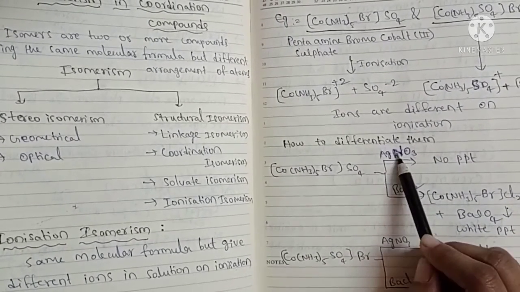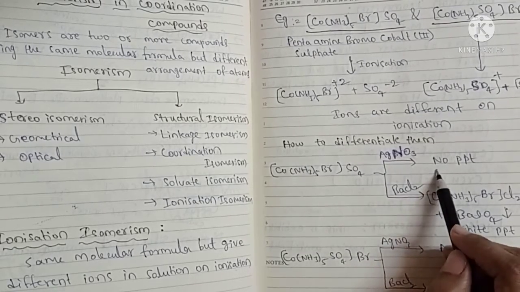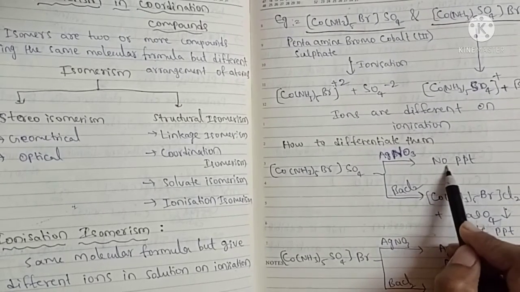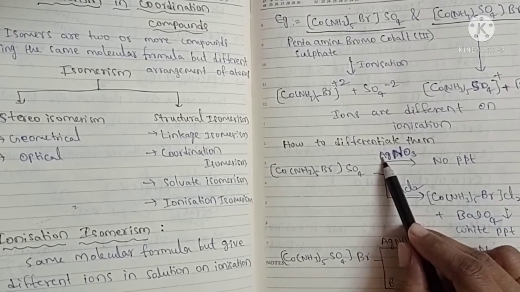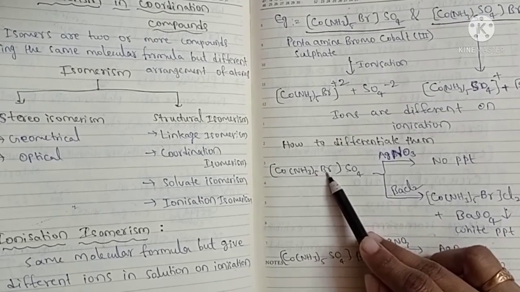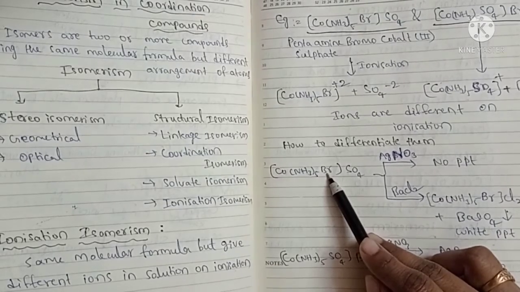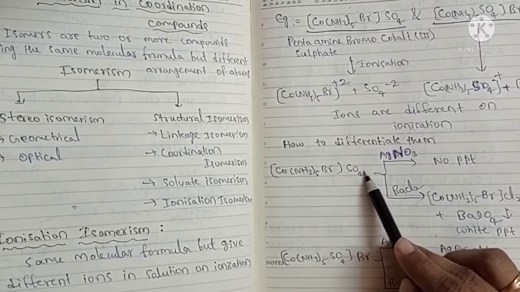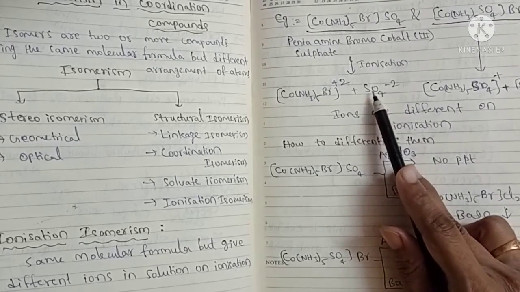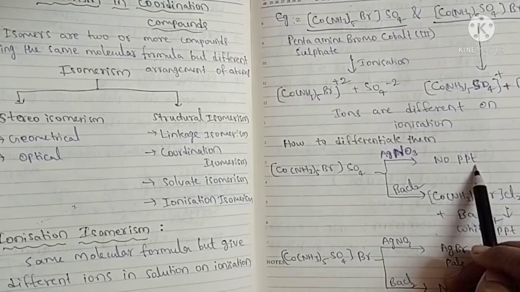Let us add silver nitrate. If we add silver nitrate, there is no precipitation, because silver is precipitated by bromine, but bromine is inside the sphere. So this will not dissociate into Br minus. It is a complex cation and sulfate is the anion. So if you add AgNO3 there is no precipitation.